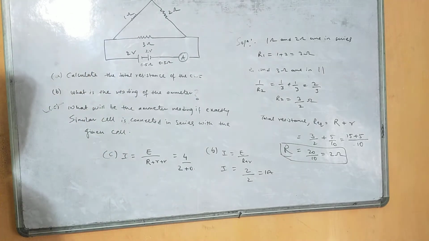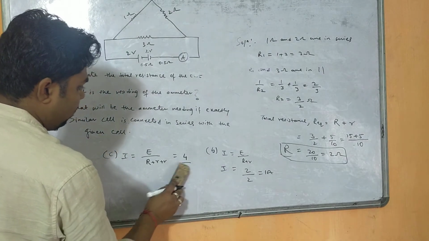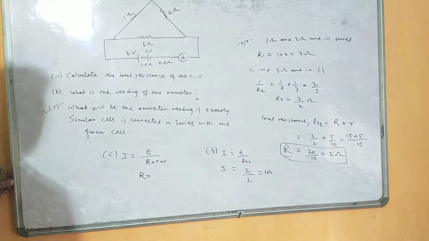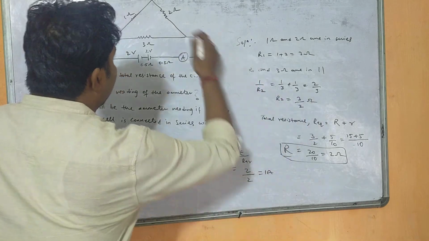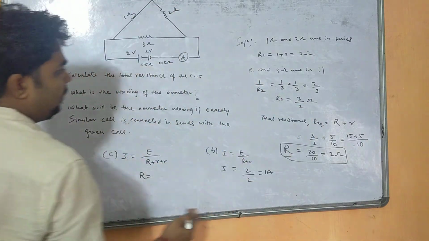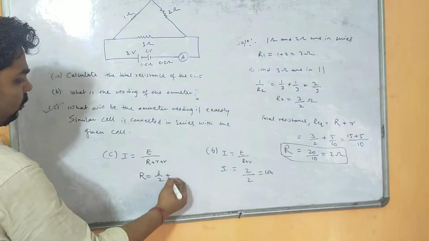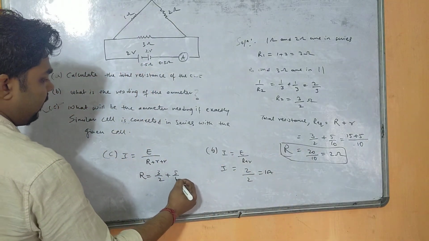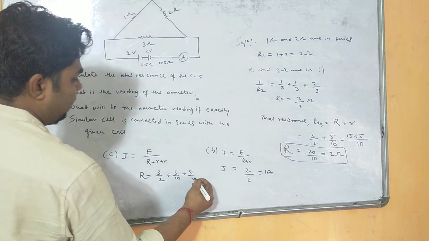So now this will also get changed. First we will calculate the total resistance here, because resistance will also change. Resistance for this network was 3 by 2, plus now we will have 0.5, that is 5 by 10, plus 5 by 10, right?